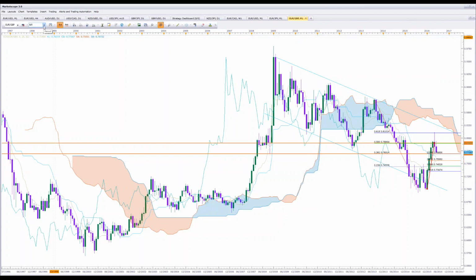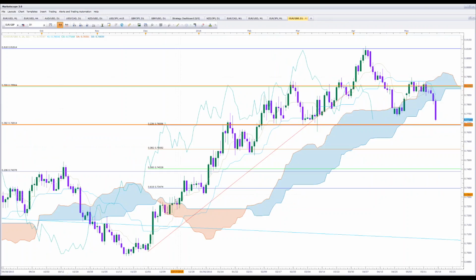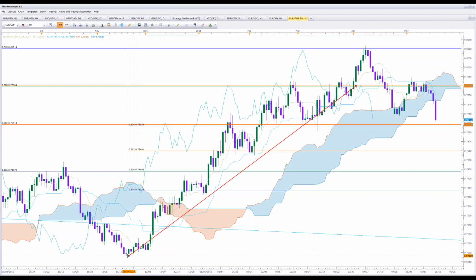Now that we know what has been going on from a long-term point of view, I'm going to change my chart into the daily chart and the 6-month, right? So this is the most recent, oh my God, look at that. This is so delicious. This is the most recent development in euro pound, and this is the test, the shadow of the candle that we saw on the monthly chart.